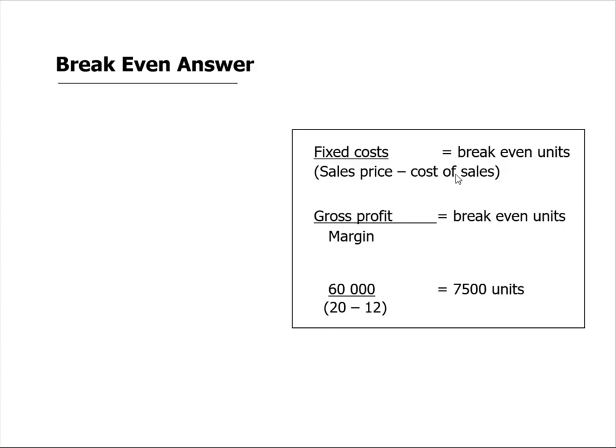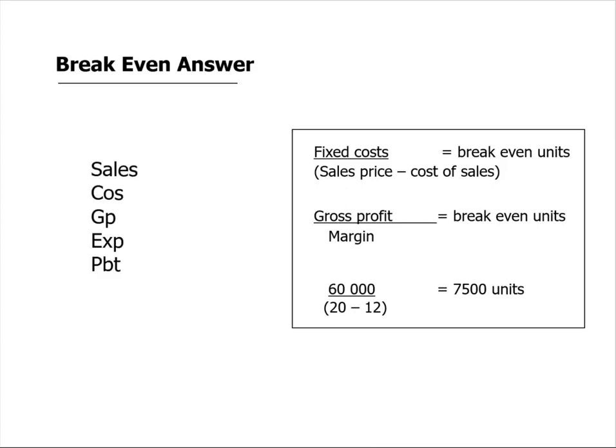So you could rewrite this if you wanted to as gross profit margin, which is the same thing as what I have written in here. In other words, at the point of break-even, the fixed costs and the gross profit are actually equal to each other. Let me show you how that shows up in the income statement.